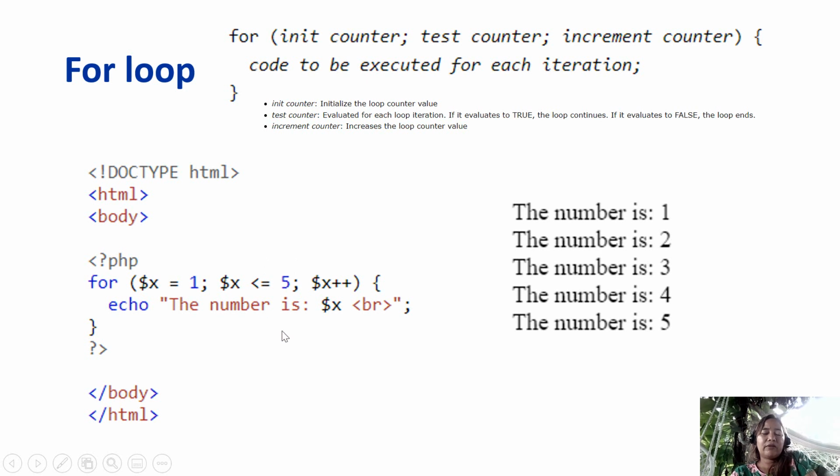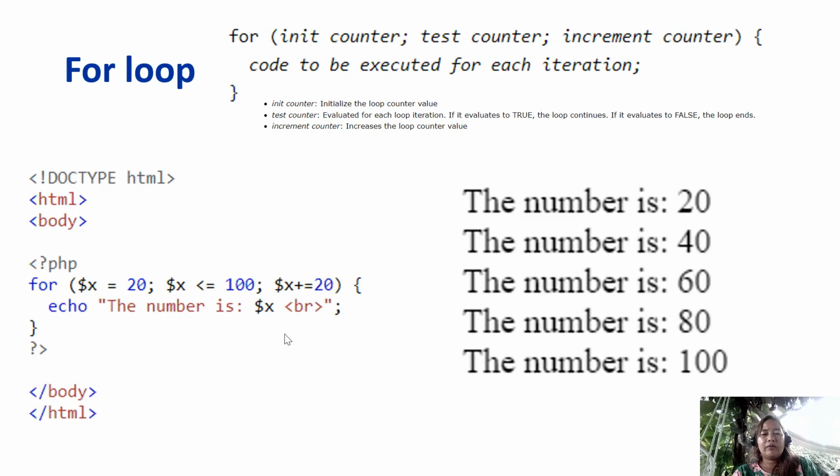Since it is false, that's the only output that you will get for this example. Alright, so I think understanding the for loop is not difficult given that you already have a background in learning other programming languages.